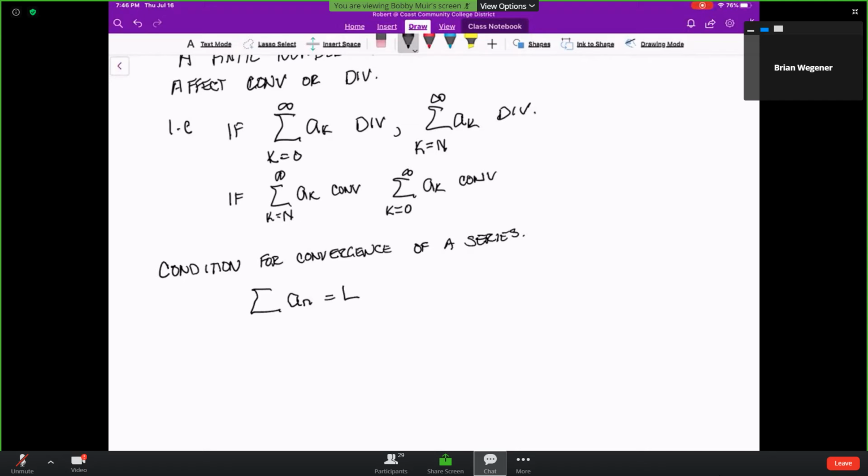I'm asking what's a condition that we must have in order for this to happen? For example, if all of these a_n's are like e to the n, could this possibly add up to something? Because it would be 1 plus e plus e squared.